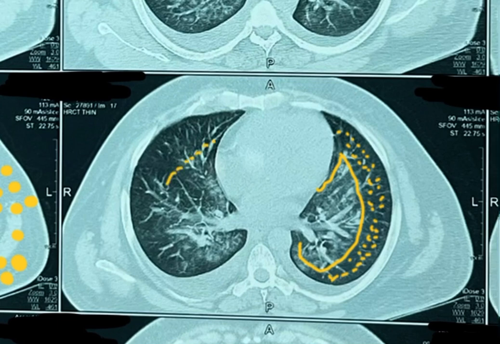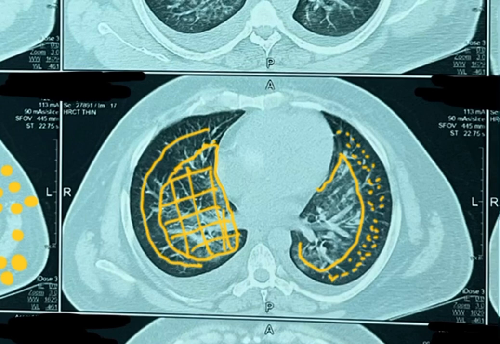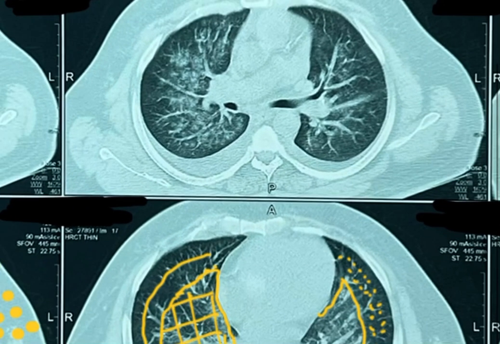The same thing here, what we can see is this part is more of a whitish structure, hyperdense structure, or there is involvement, but not here. This is completely spared area. Same thing here, this area is involved, but the outer part is totally spared. This area is totally spared.